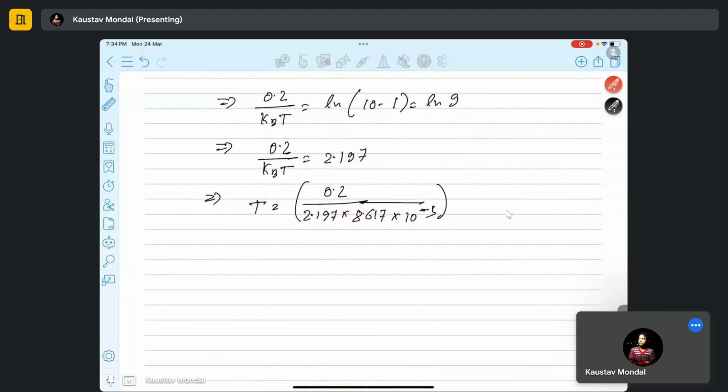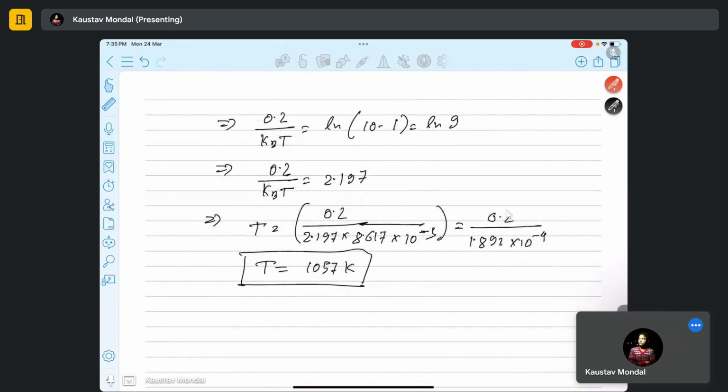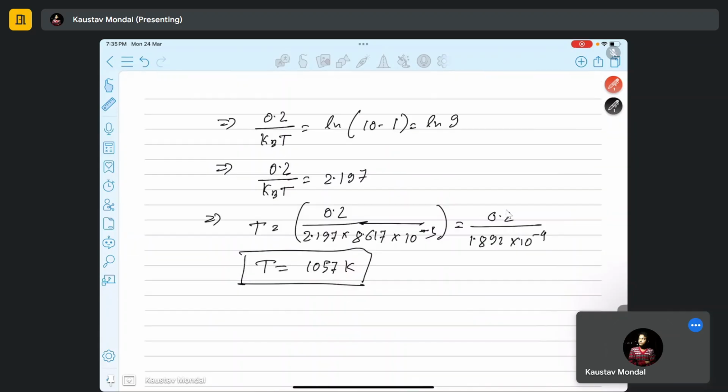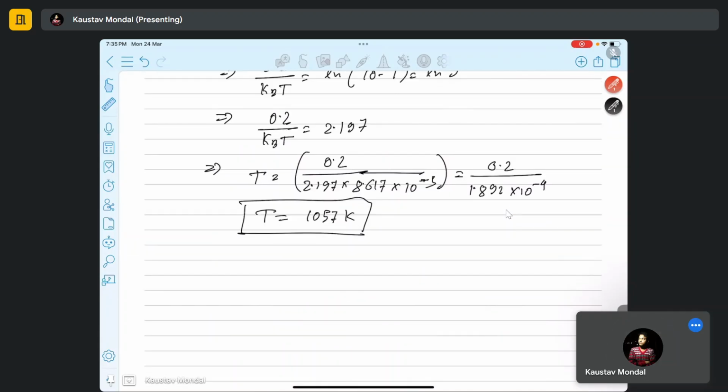This simply gives you 0.2 by 1.89 times 10 to the power minus 4. So T gives you 1057 Kelvin. Okay, that's the temperature at which the probability of occupying the state 0.2 electron volt above the Fermi energy would be 10%. This is the correct answer for this problem.